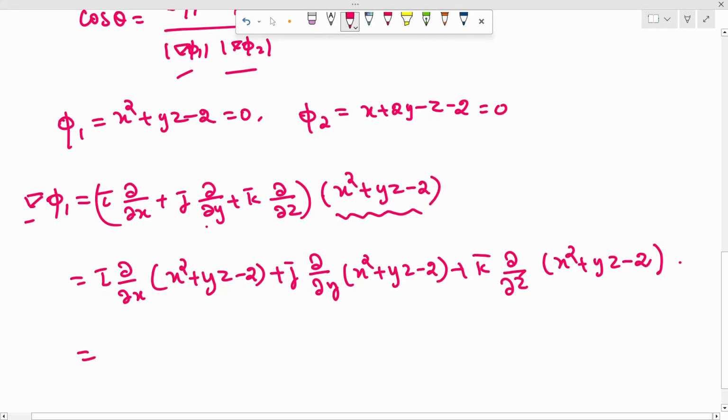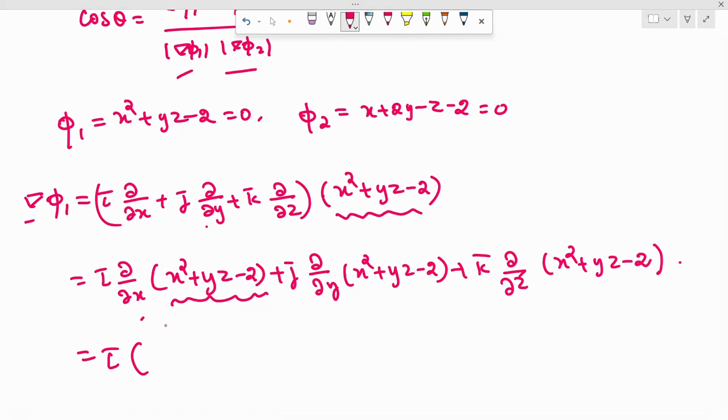In the first term, partially differentiate with respect to x: the differentiation of x square is 2x, and in the second and third terms there is no x, so they are 0. Plus j vector into dou by dou y: partially differentiate with respect to y only.